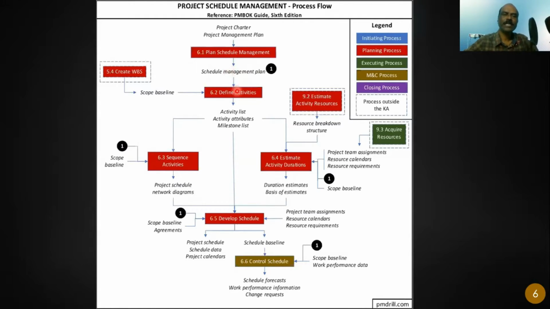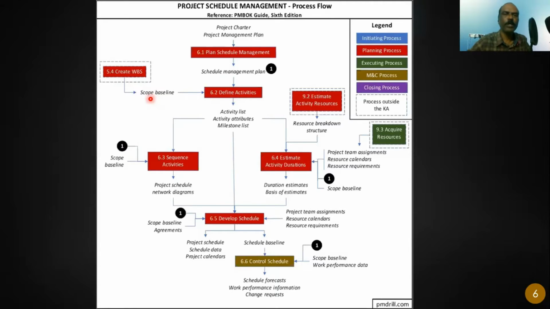Now, what is the second step? The second step is called define activities. So what is define activities? It's actually continuing from scope management. If you remember yesterday, in scope management, we created the work breakdown structure, correct?